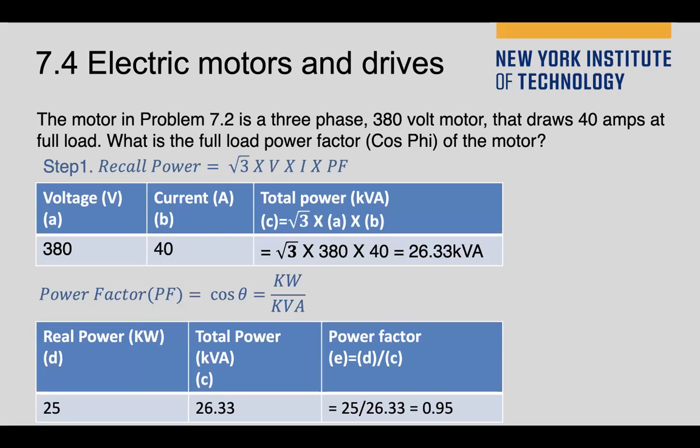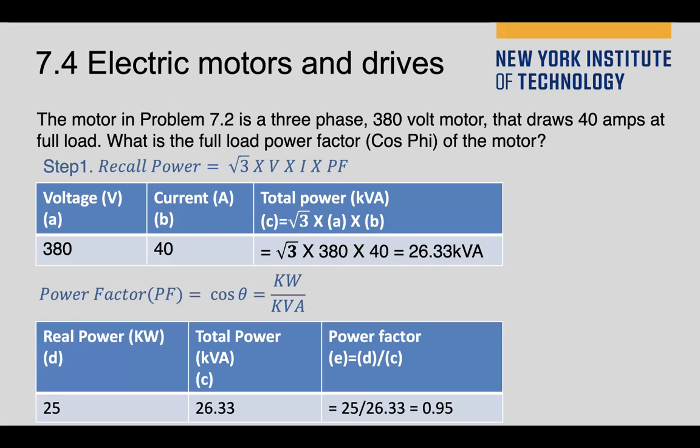Because we need to make use of this information in problem 7.2. Now is three phase, 380 volt motor that draws 40 amps at full load. What is the full load power factor of the motor?